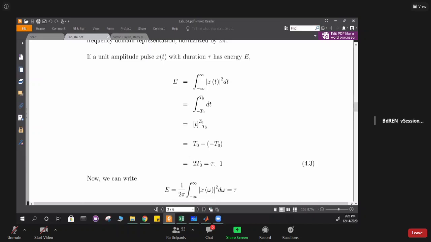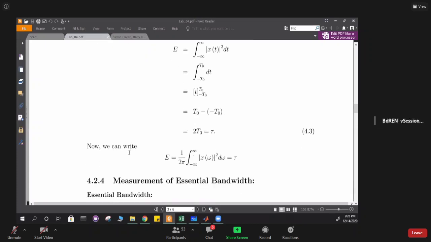Is it okay up to this? Yes, sir. Okay. So this energy will be equal to the energy calculated using the frequency domain representation, and that should be equal to tau.